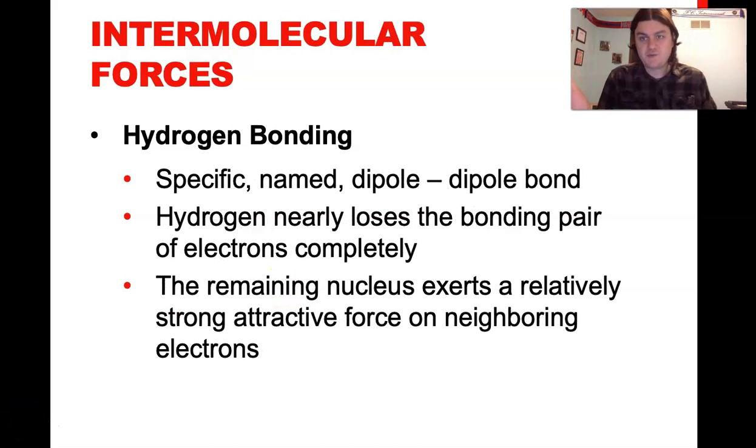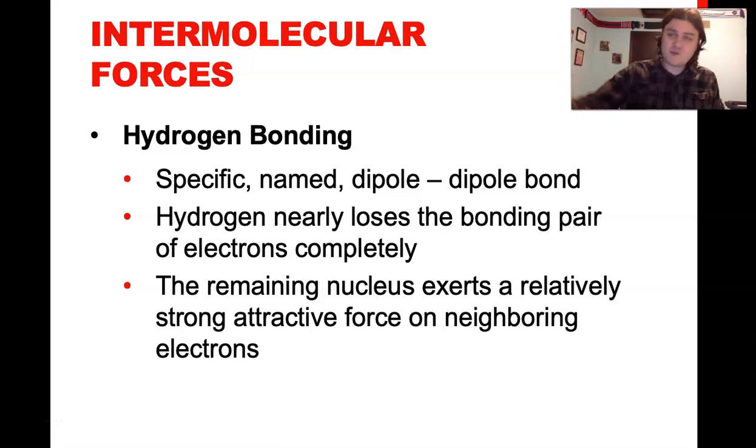Hydrogen bonding is really just a specific named example of a dipole-dipole bond. But the effect is so strong, we set it apart as its own category. When hydrogen connects to either nitrogen, oxygen, or fluorine, those three atoms are so electronegative that they almost completely take the electrons.